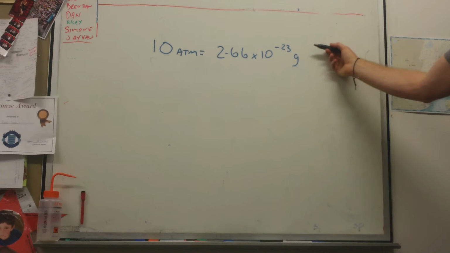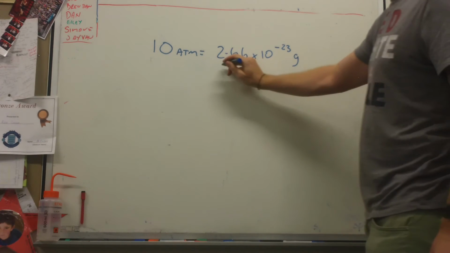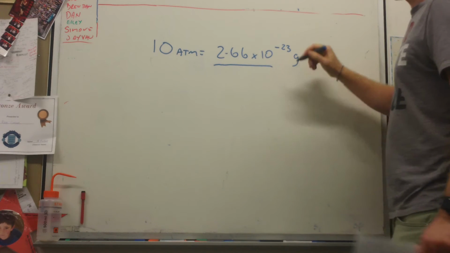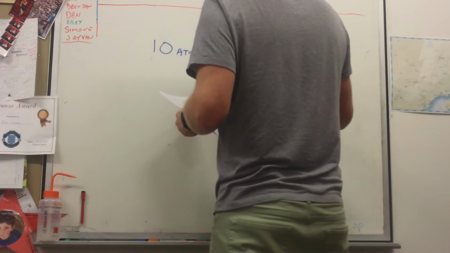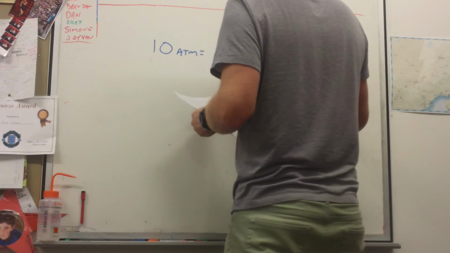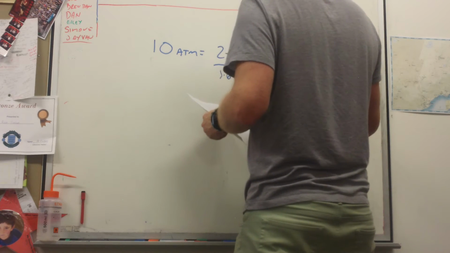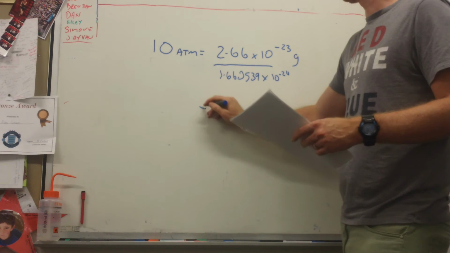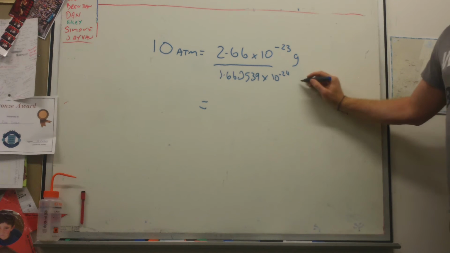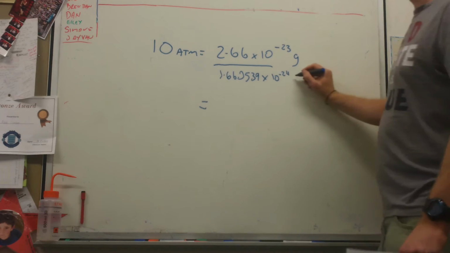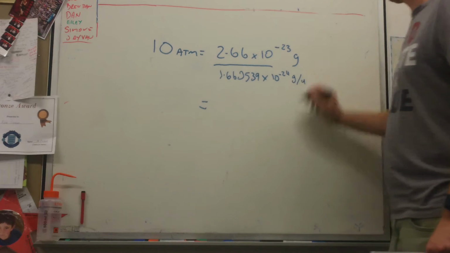Grams to atomic mass units is the same value that we described before, but now we're going in the other direction, so we must divide by 1.660539 times 10 to the negative 24. And it's nice to put this one into your calculator to ensure you can get the value. In this case, we're dealing with grams per atomic mass unit.